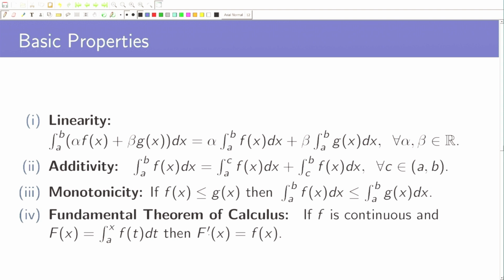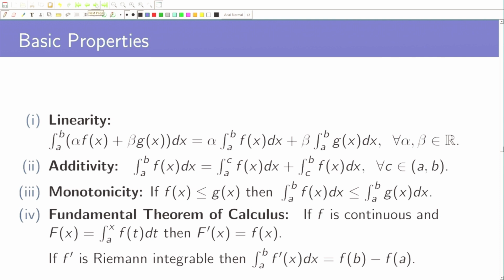That is the antiderivative part, which is saying that the derivative of the integral is nothing but the function itself. And then there is another part of the fundamental theorem of calculus, that is the evaluation part. It says that suppose f is a function which is differentiable and f prime is Riemann integrable.